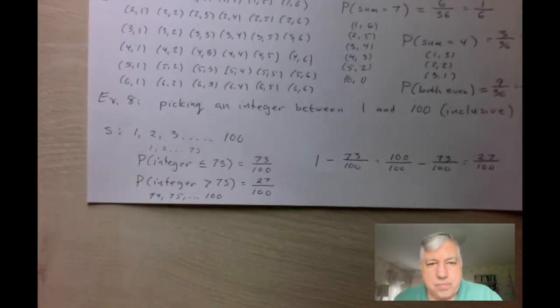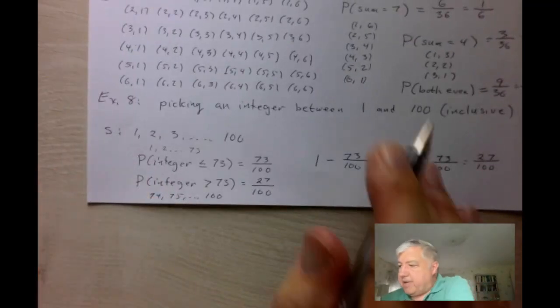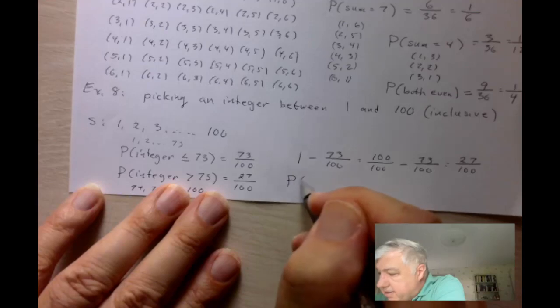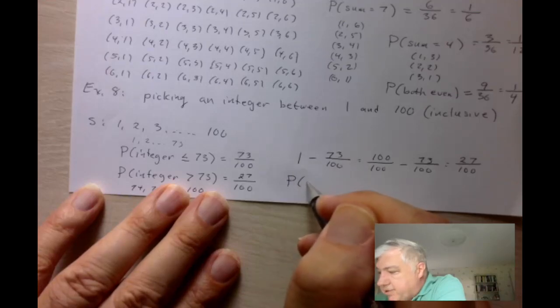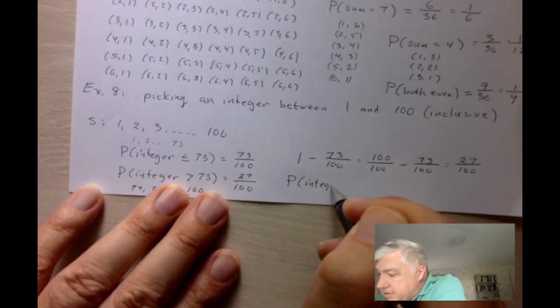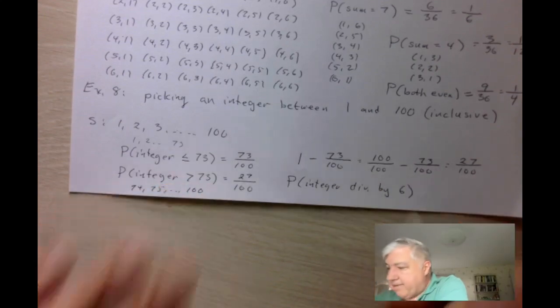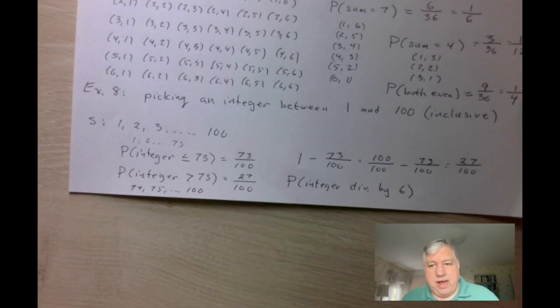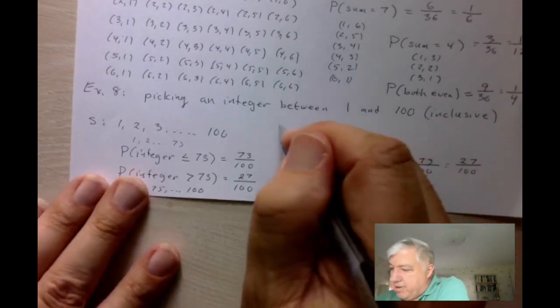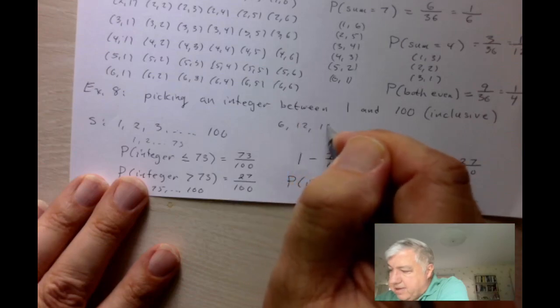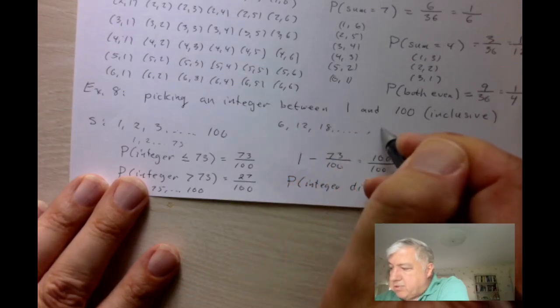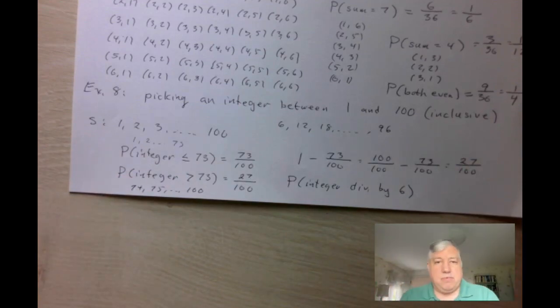And then finally, let's say you wanted to find the probability that the integer is divisible by 6. You'd have to find all the multiples of 6 between 1 and 100. Well, you'd have 6, 12, 18, and the last multiple of 6 which is less than 100 is 96.